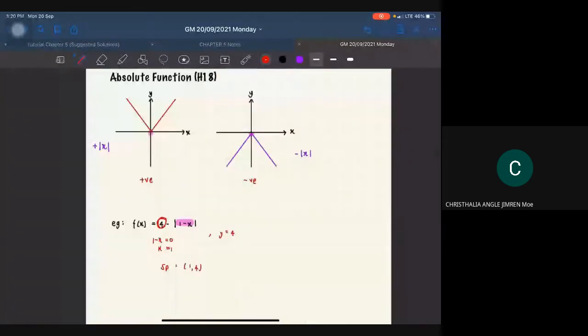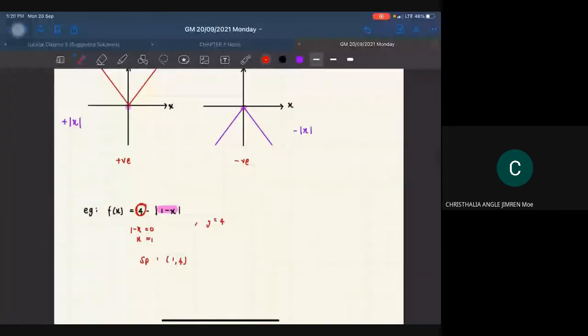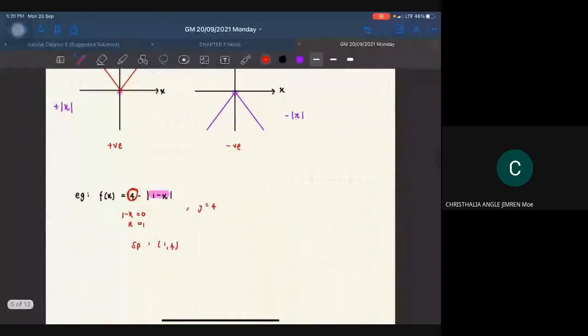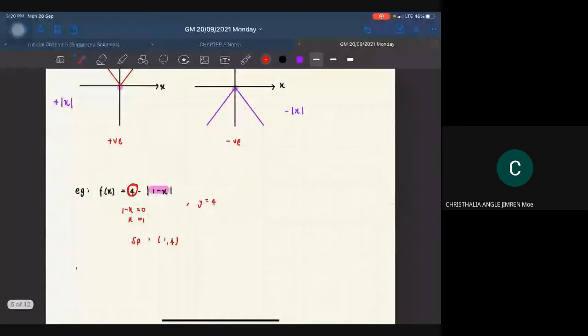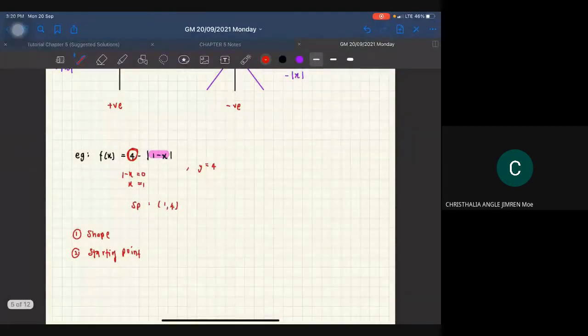Kalau ikutkan yang kawan buat present tadi, dia ada 3 step. The first step is to determine the basic shape of the graph. Second step is kita akan cari starting point. Saya nak tukar sikit dekat sini, awak jadikan step yang ketiga sebagai graph sketching.